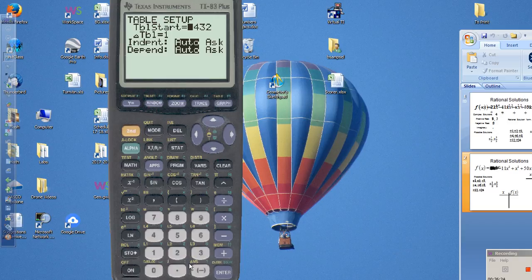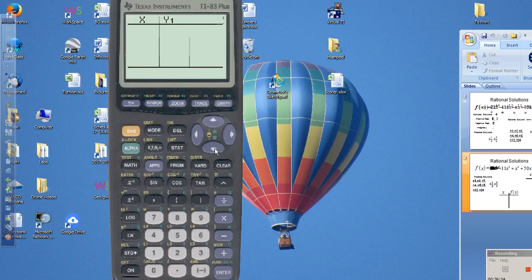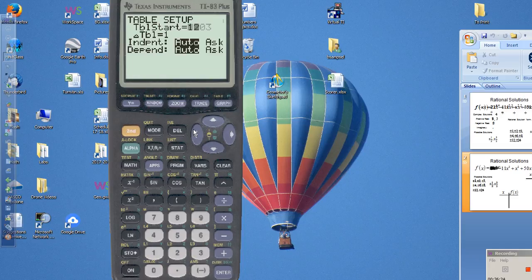We know there's no negative solution, so we don't even have to do the negative. However, if you were still looking at the negative, you'd put the next smallest one, and you can look at the table and scroll through it. But since we already know there's no negative solution, because of what we did originally, we're going to skip all the way till we get to 1, our smallest positive solution.